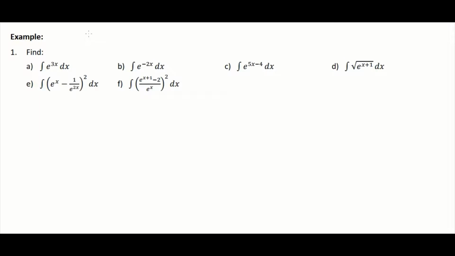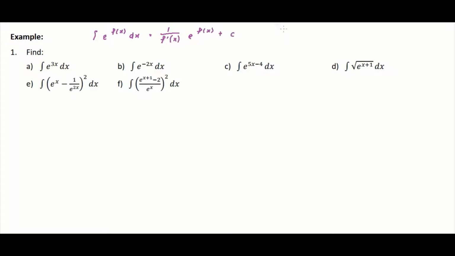Okay, let's look at example one. Let us write down the formula that we got just now. When you integrate e to the power of f(x) with respect to dx, you need to divide by the derivative of the function: e^f(x), and remember plus c.